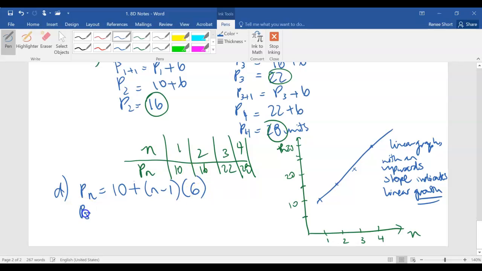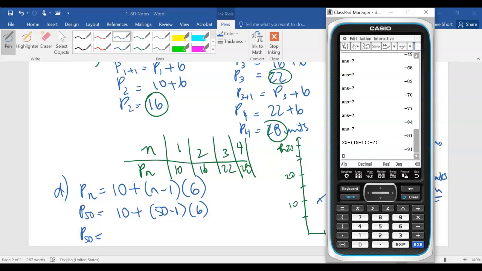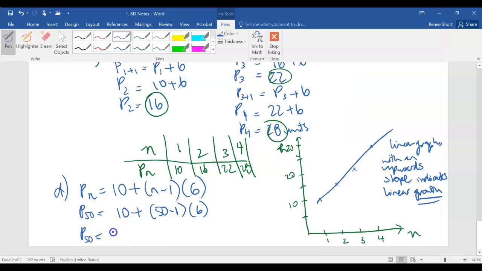And it wants us to find the 50th snake here. So I've got 10 plus 50 minus 1 times 6. And if we go to our calculator, we can type that in exactly how it's written. And we will find that the 50th snake has a perimeter then of 304 units.